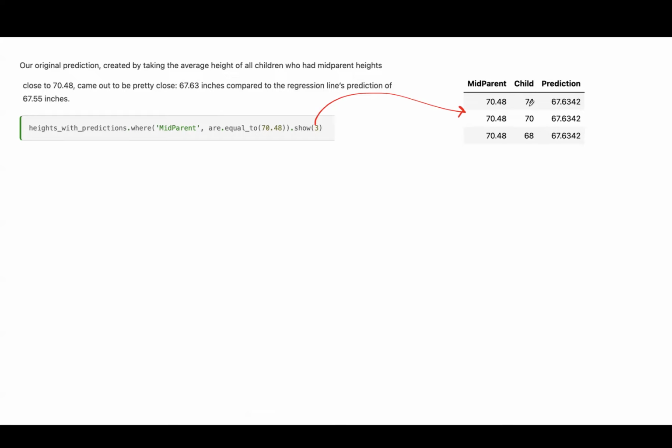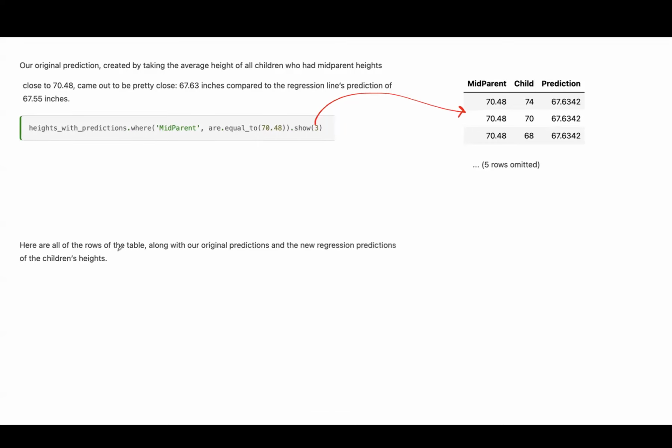So this is the actual child's height, and this is the predicted value, which is 67.63. Child's height is 70, and the predicted value is 67.63. Well, okay, are we doing a good job using this as a regression line? Probably not. So again, our goal is to minimize the sum of residuals squared.